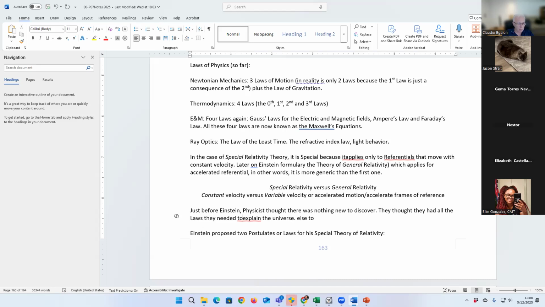That's because Newtonian mechanics, the laws of thermodynamics, geometrical optics too, and the laws of electricity and magnetism had been extremely successful.